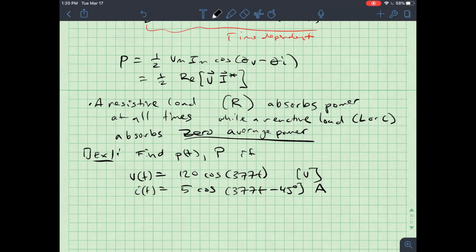All right, so to solve this, let's start with P of t.